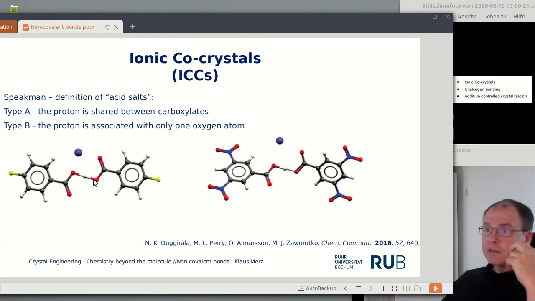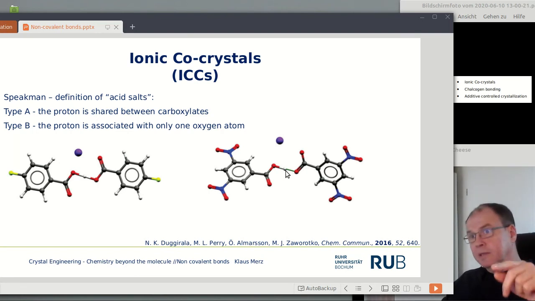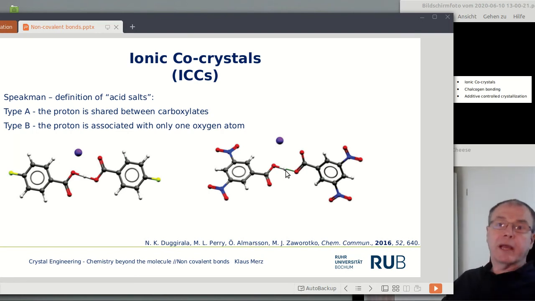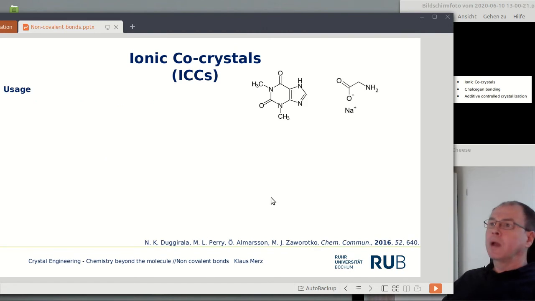You see two types, and the difference is only the localization of the hydrogen. In type A, the hydrogen is exactly in the middle, so it is shared between the carboxylates. In the other case, it is strongly located in one position. This is a classification for acid salts.